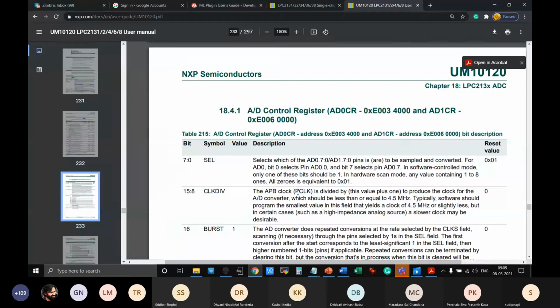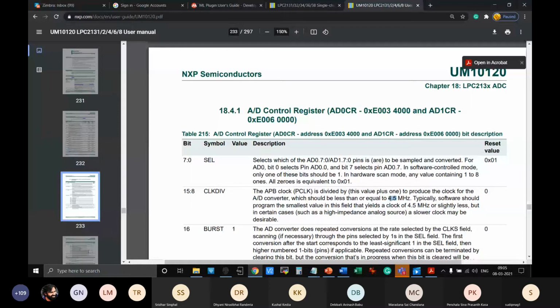Then clock div helps you divide that frequency further. Let's say the P clock can be 10 megahertz, and you can divide that by a certain factor to make it a smaller value. In this case, the ADC can only accept up to 4.5 megahertz. So based on the value of the P clock, you have to set the value of this clock div in order to set the particular frequency of operation.